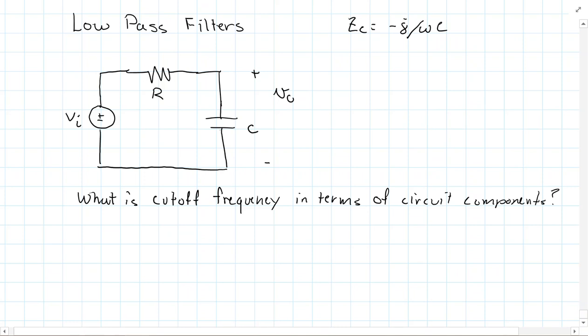Now, some of you might already say, oh, I know what the answer is, because it is a pretty simple answer. But we're going to go through and do all of the derivations for it here. So how are we going to do that?